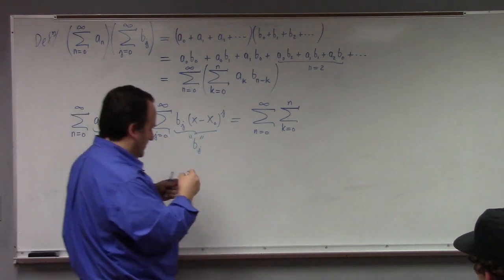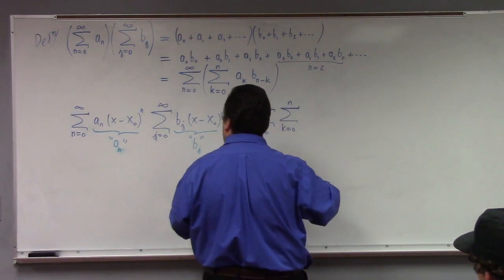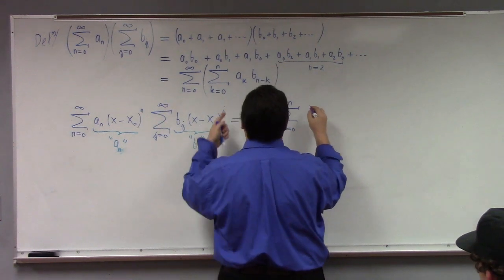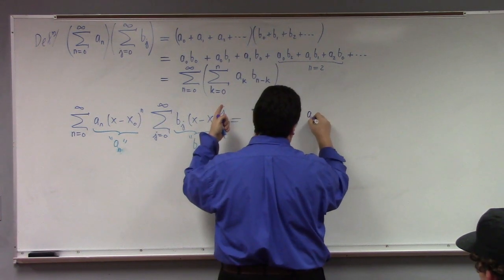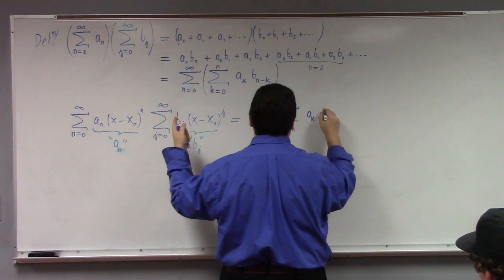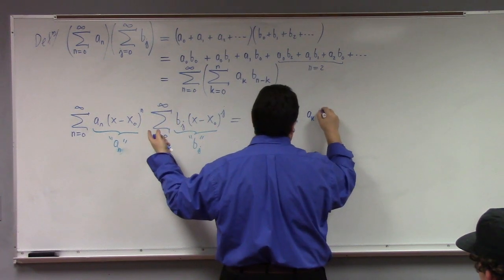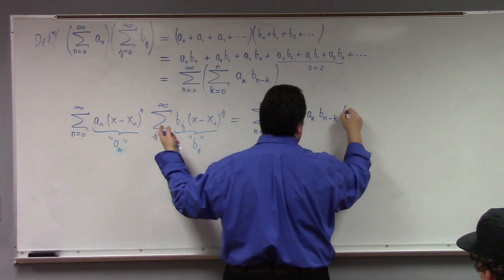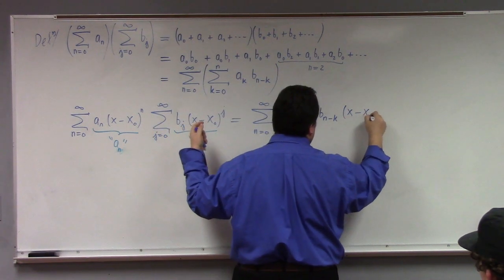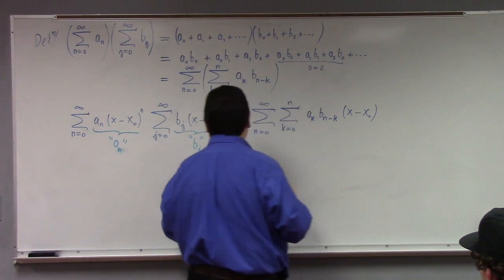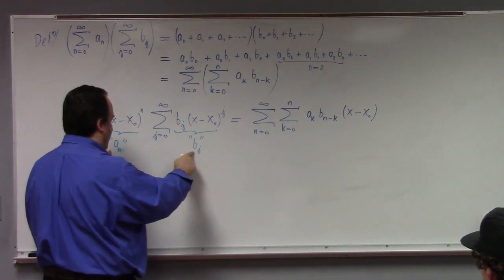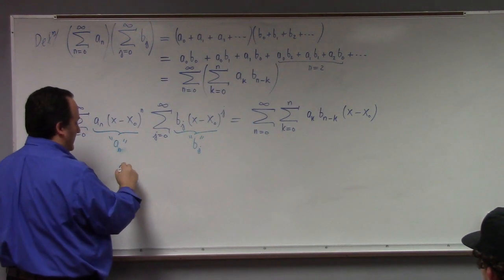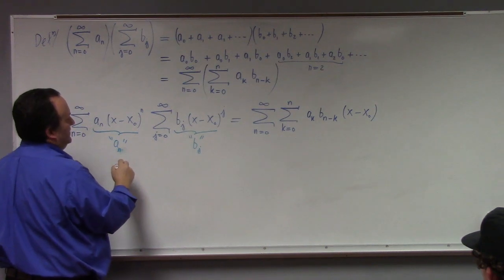So over here, I get a sub k times b sub n minus k, and then I get x minus x naught to the what power? Let's see what happens when you multiply a sub... man, I should have used different letters.